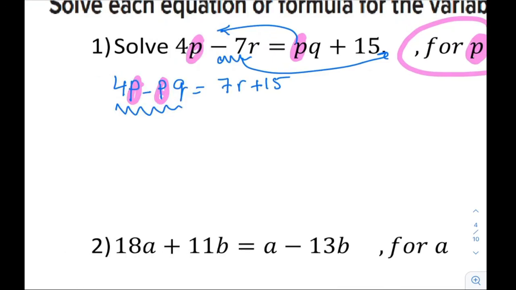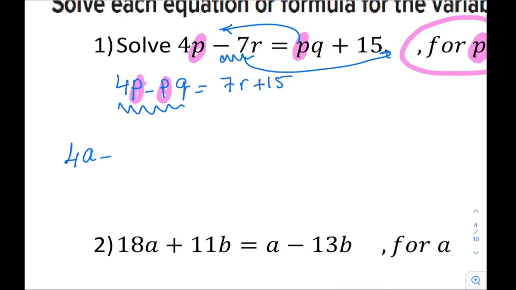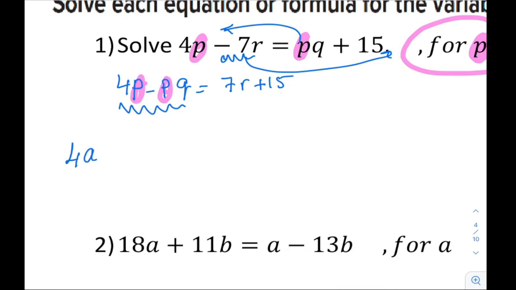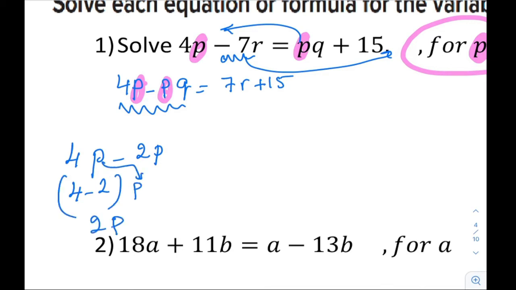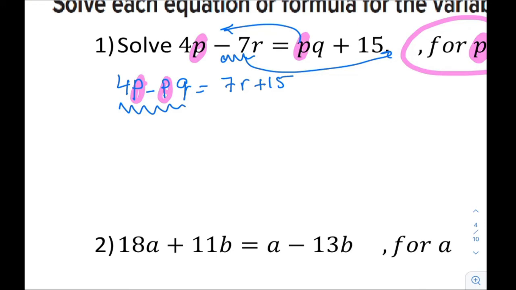If it was, let's say, 4p minus 2p, what you were doing is just subtracting the 4 minus 2 and taking the p, leaving the p alone. So it will be 2p. So similarly, we can take the p as a common factor and subtract the coefficients, the numbers that are multiplied by those variables.